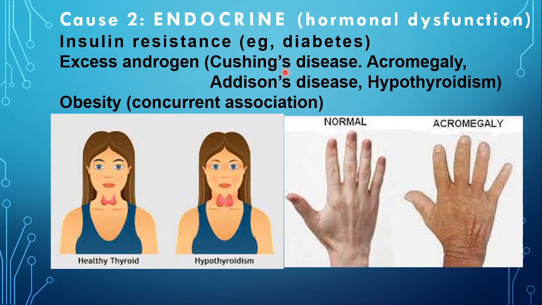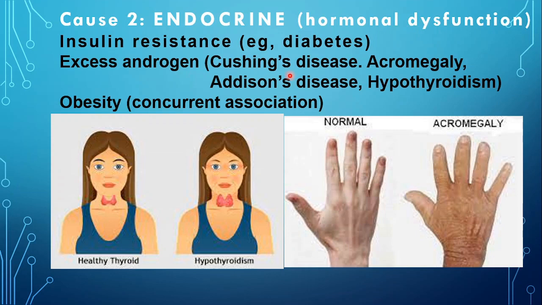Cause 2, endocrine or hormonal dysfunction. Insulin resistance is the main cause. Insulin resistance, type 2 diabetes. In type 2 diabetes, insulin resistance is the primary or predominant cause.